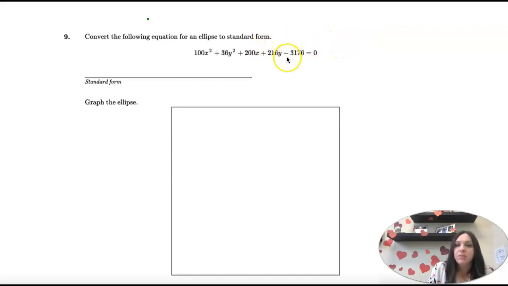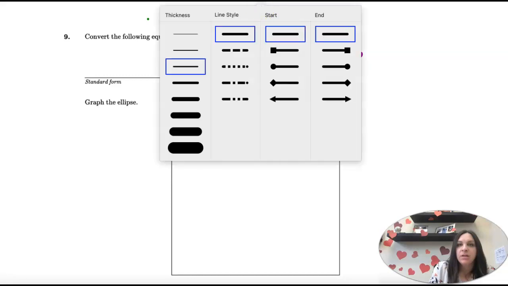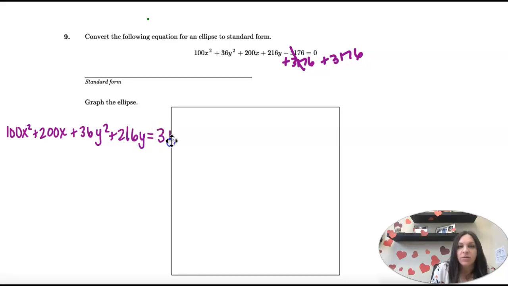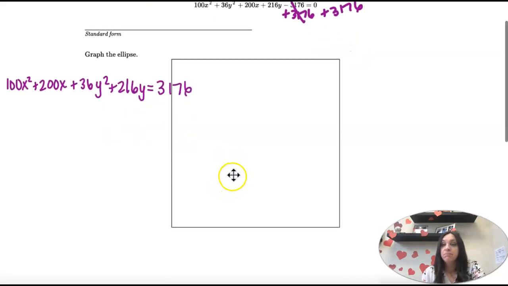So I'm going to add this 3176 to the other side, just so we only have x and y on the left. So I have 100x squared plus 200x plus 36y squared plus 216y equals 3176.